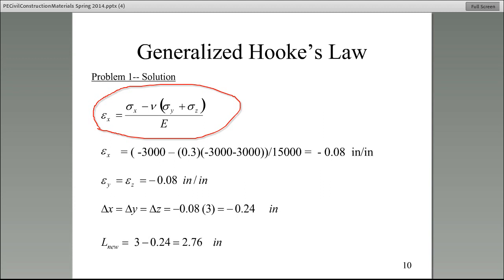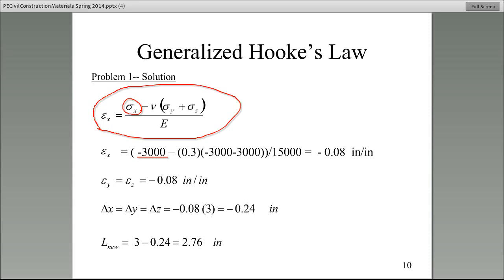So let's pick the one that gives us the strain in the x direction. Epsilon x is equal to, now for sigma x, we used minus 3,000 psi. Why minus? Because it is indeed in compression, and I explained why it would be in compression.